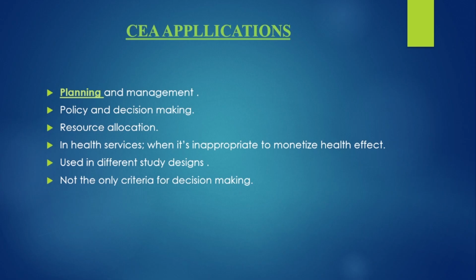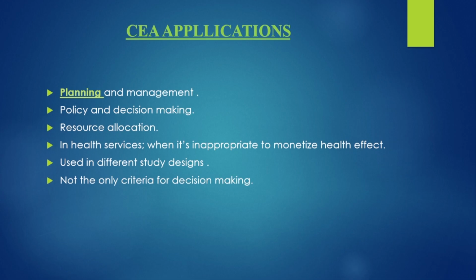So these are some application areas: planning and management, policy and decision making, thirdly resource allocation, fourthly health services when it is inappropriate to monetize health effects, fifthly use in different study designs, and finally that it is not the only criterion for decision making.